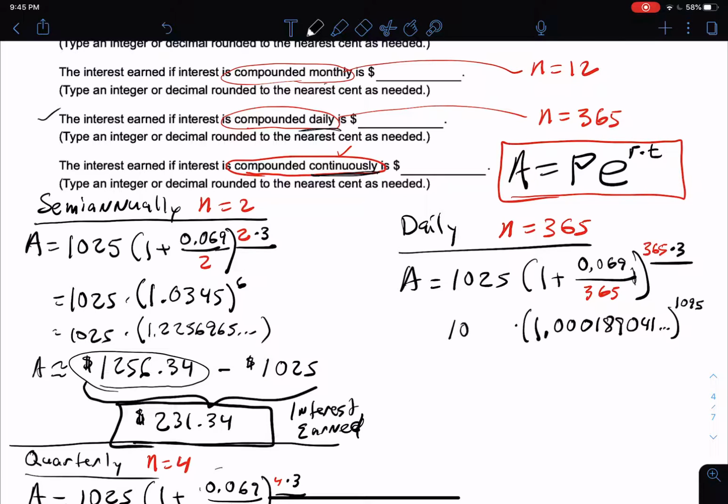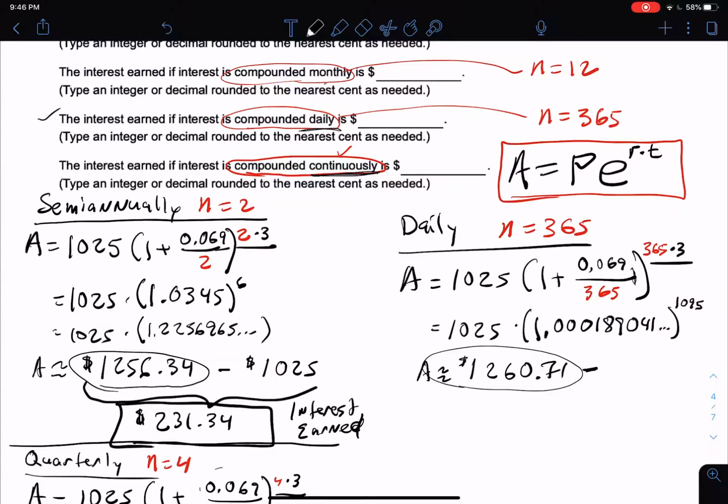And once you get that, multiply it by the principal, and we get our approximation to be about $1,260.71.